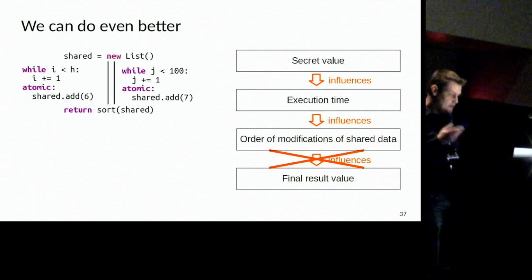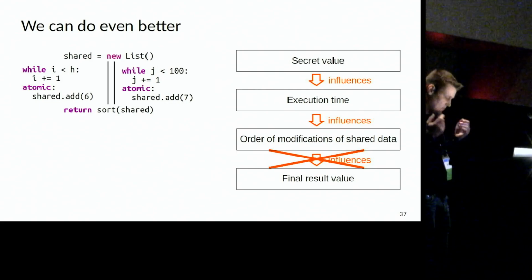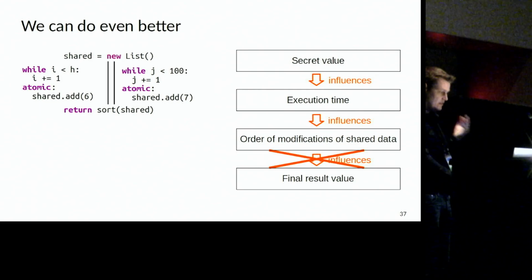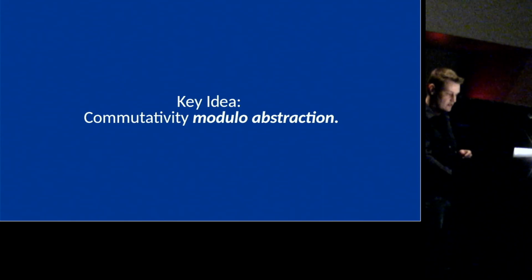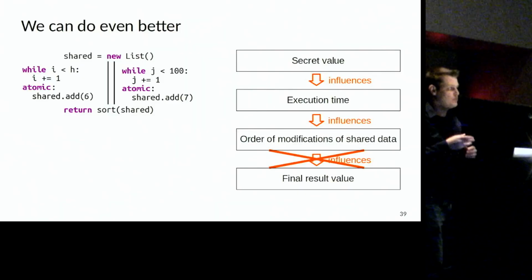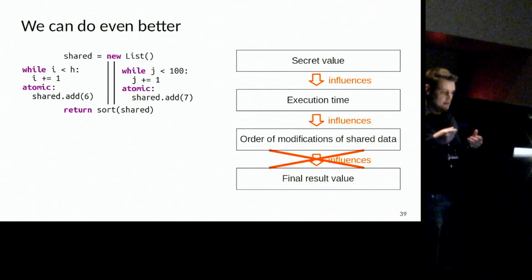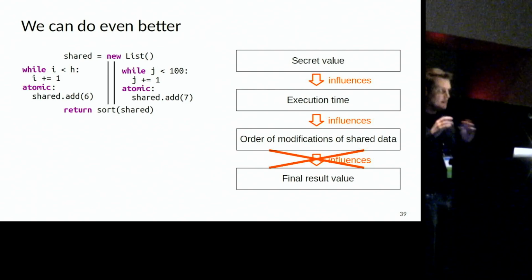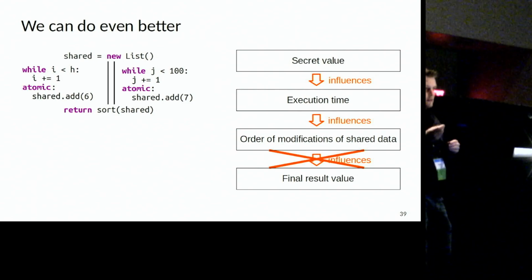But commutativity here doesn't hold for the reason I've told you. So our second key idea is that we can weaken our commutativity requirement using an abstraction. So we only require a commutativity modulo abstraction. In this case, what we're observing here is that the secret-dependent order can, in fact, influence the contents of the list, but only the order, not which elements are in there.